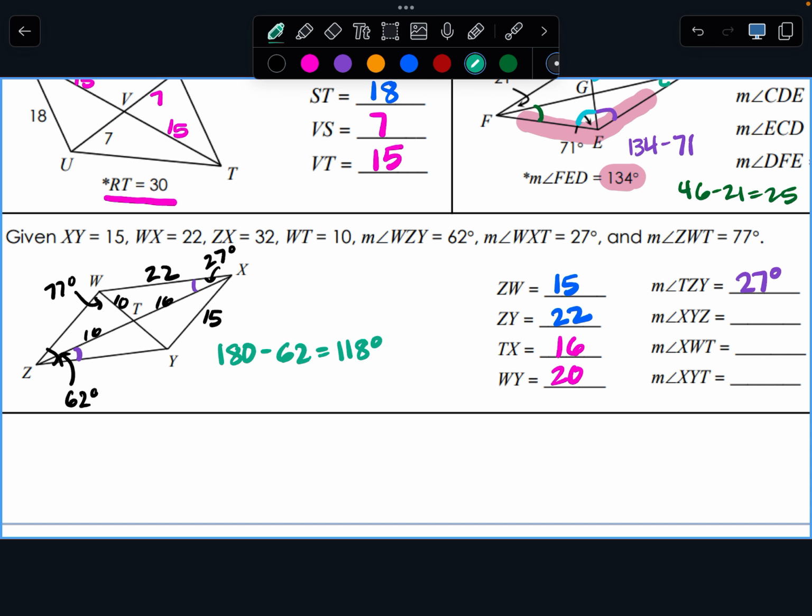Good. XWT. Well, we know that full angle is 118. So we just subtract the 77 that's given. Last one, XYT. 77. These are, again, alternate interior angles.